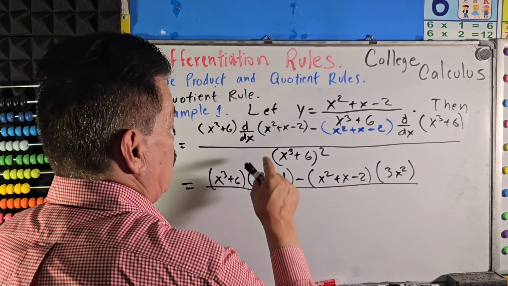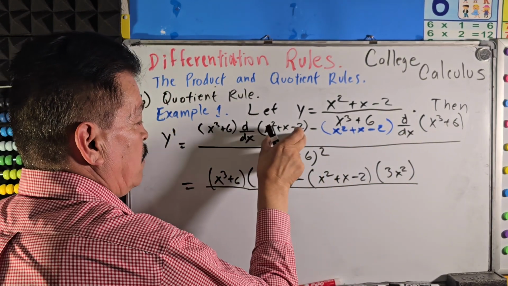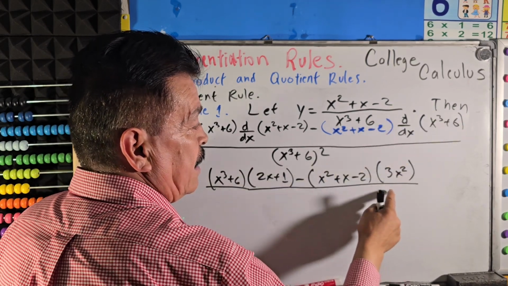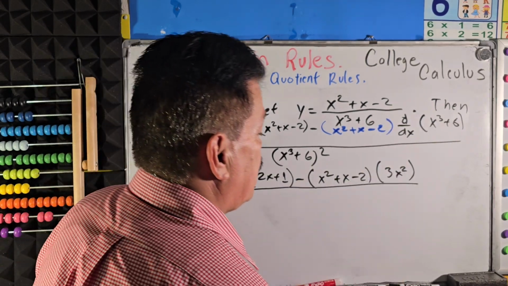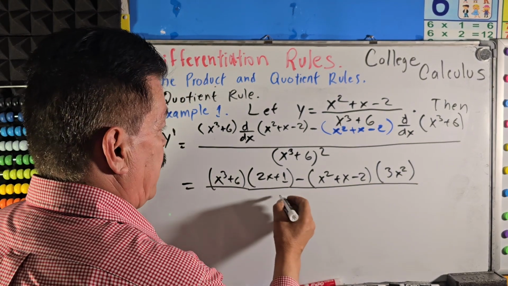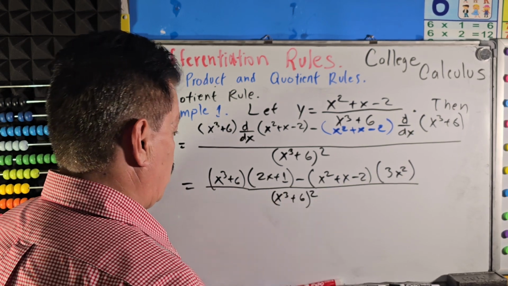Remember, the derivative of this one is 2x plus 1. The derivative of x to the third power plus 6 is 3x to the second power. And the bottom, just write it again: x to the third power plus 6 to the second power. Okay.